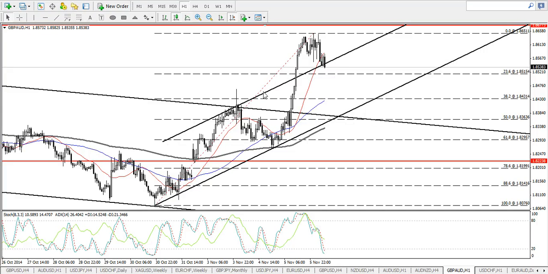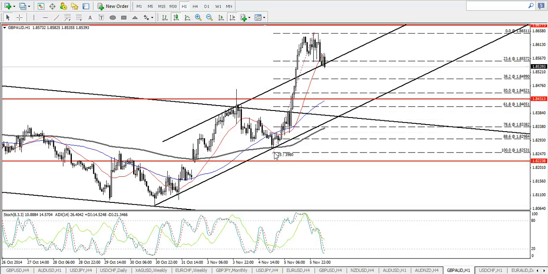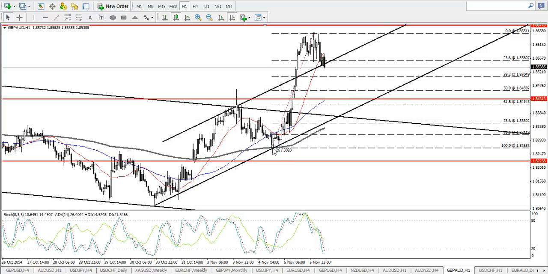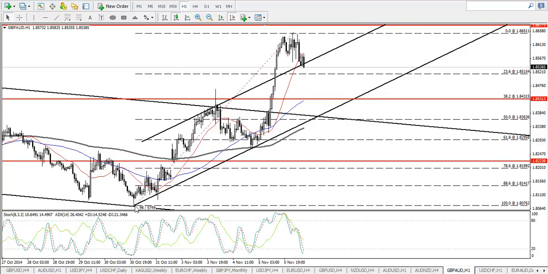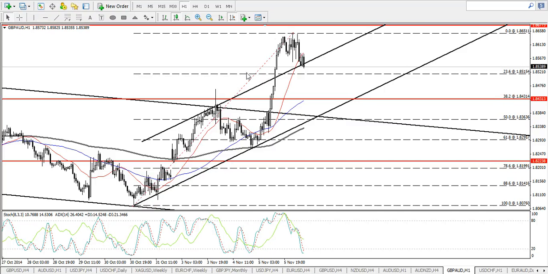The key level that I would like to look at is the 30.2%, so that is the price of 1.8431.